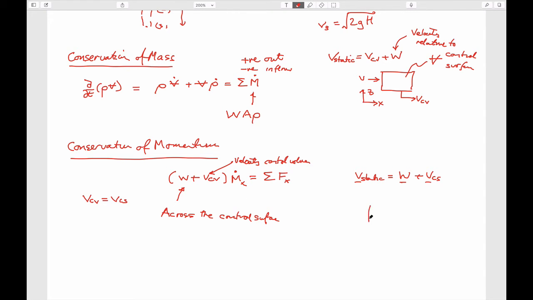So if we looked at a control volume here, and we looked at x and z, positive upwards, then this velocity would give a positive velocity in here. If this control volume was fixed, then this velocity would be positive here, and if it's coming out, it would be positive here.